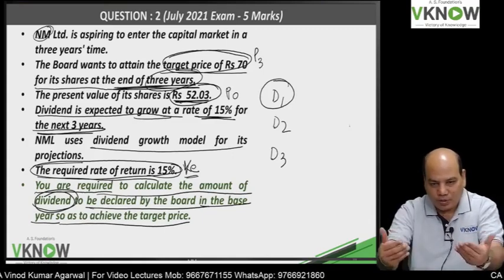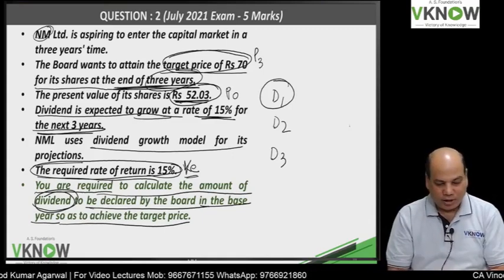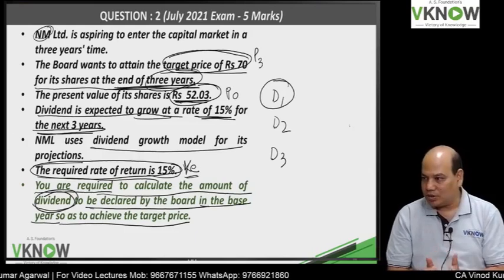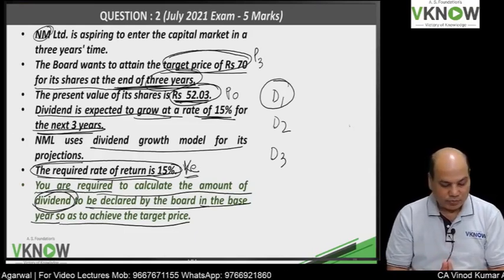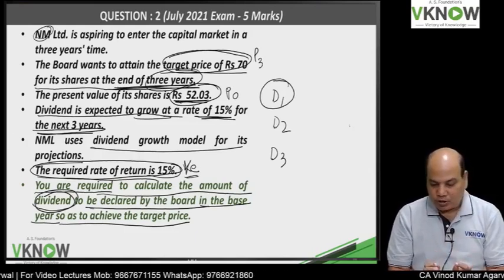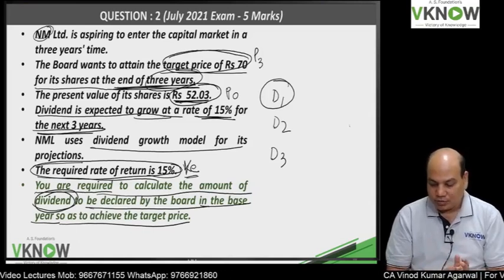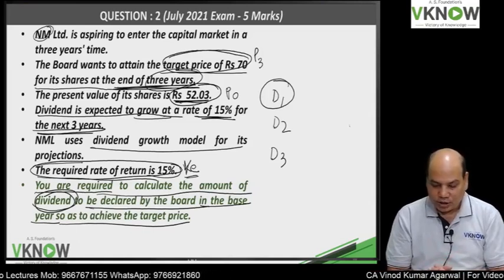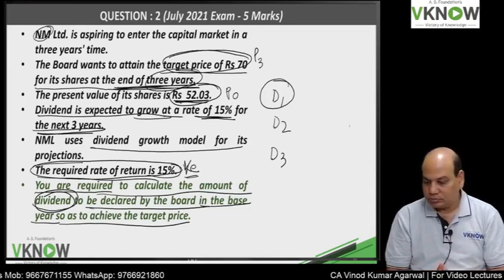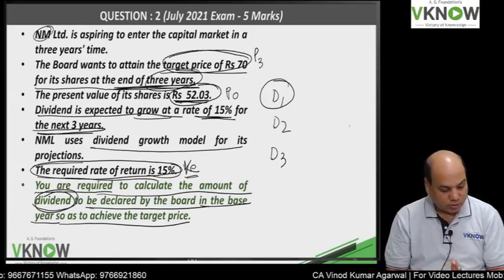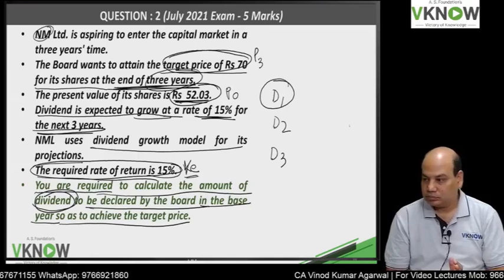Suppose you are appearing in this exam and this question appears for 5 marks. What would be the dividend of the base year, means first year, so as to achieve the target price? Yes, anybody wants to reply?